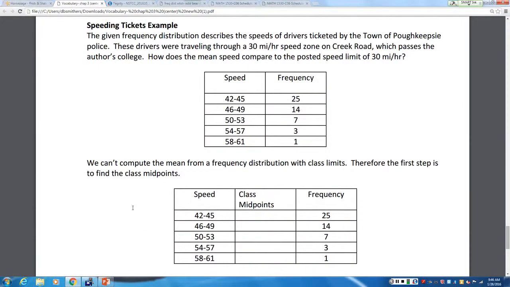The given frequency distribution describes the speeds of drivers ticketed by the town of Poughkeepsie Police. These drivers are traveling through a 30-mile-per-hour speed zone on Creek Road, which passes the Authors College. How does the mean speed compare to the posted speed of 30 miles per hour? Well, first of all, these folks are speeding, like seriously speeding, okay?